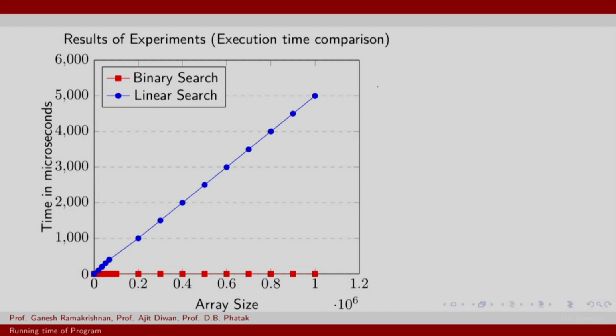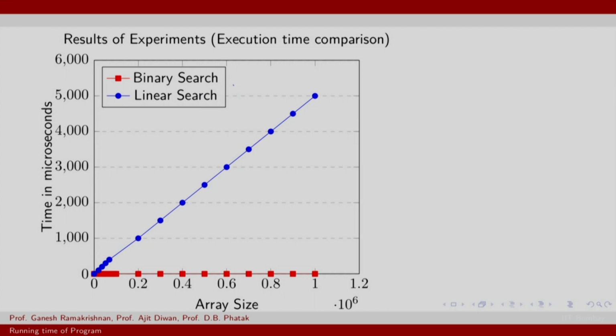So when you profile the running times of different implementations and plot them one against the other, you could make some observations of the time complexity. We have taken this example of searching over this array.